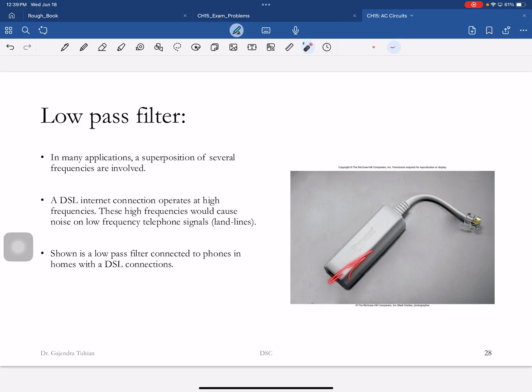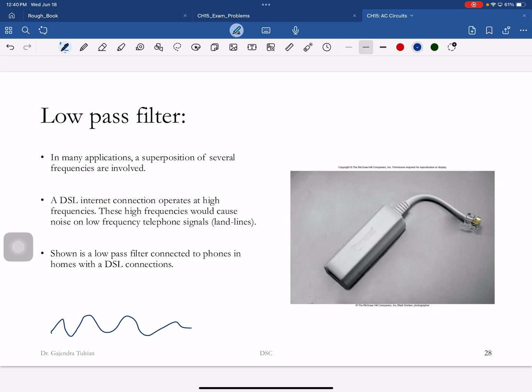Anyway, what's that? DSL. Yeah, so phone companies provided internet service over the telephone lines. Telephone conversations were sent on low frequency carrier signals, and internet information was riding on high frequency.